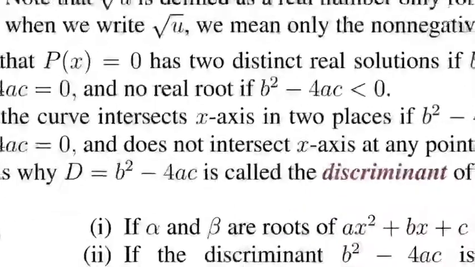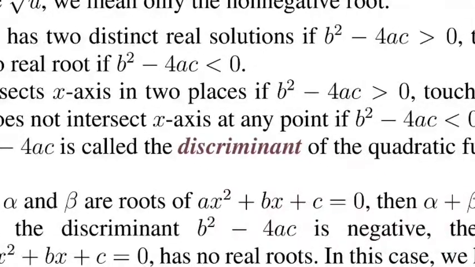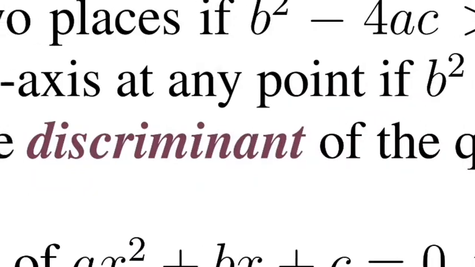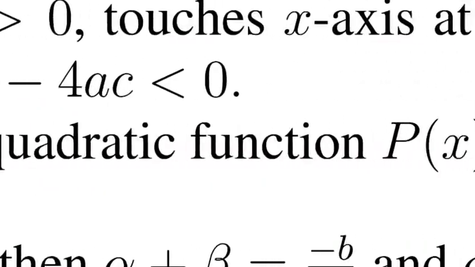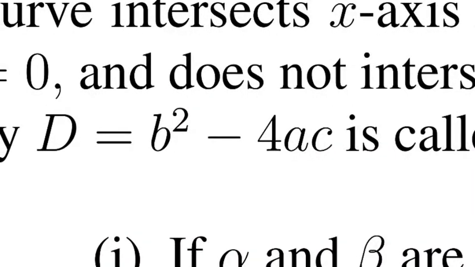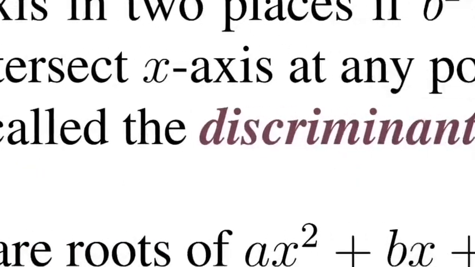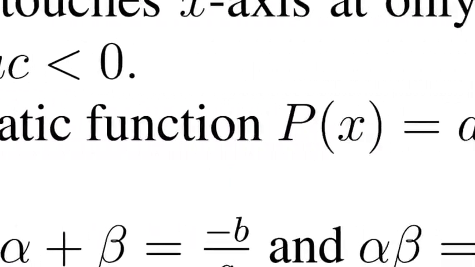So b square minus 4ac is called the discriminant of the quadratic function. It's denoted by capital D. B square minus 4ac is called the discriminant of the quadratic equation p of x.